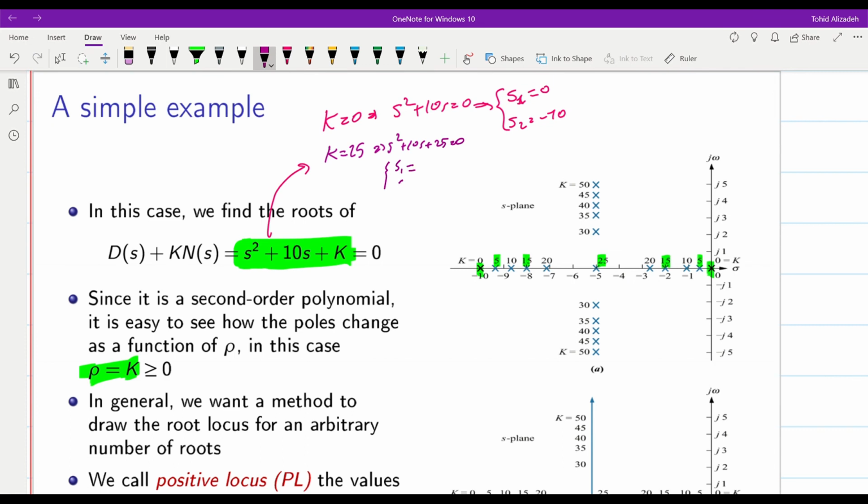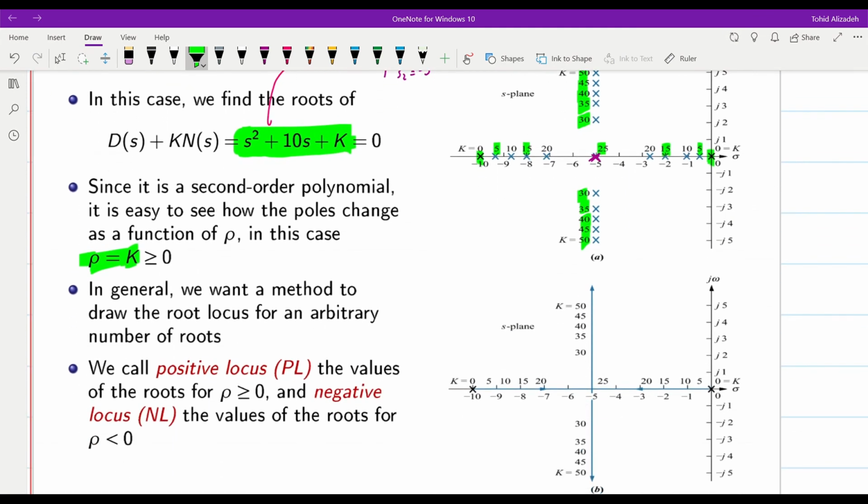And then s1 and s2 both will be at minus 5. So we'll have two poles over here, repeated poles. And then if we increase the value of k further, the roots will become complex. You can see that as the value of k increases to 30, 35, 40, 45, and 50, the closed loop poles also change their locations.